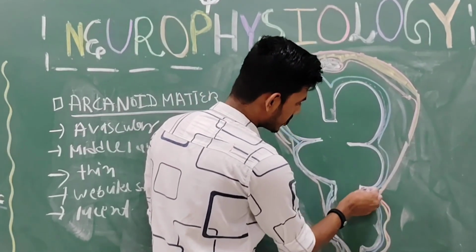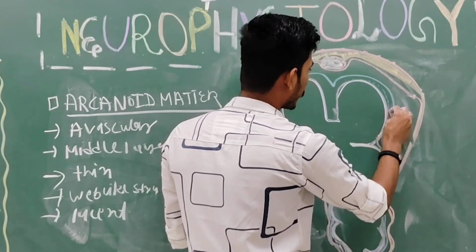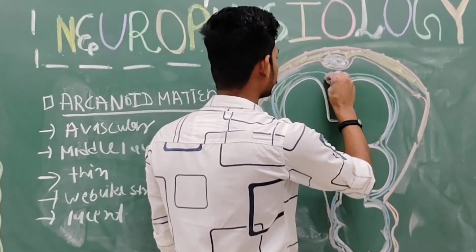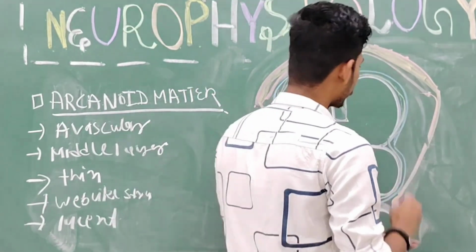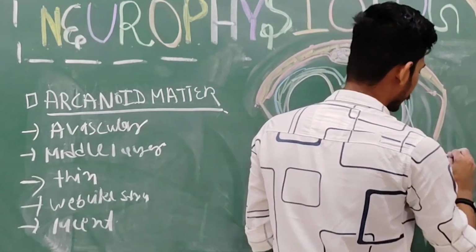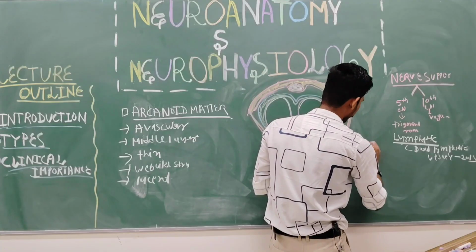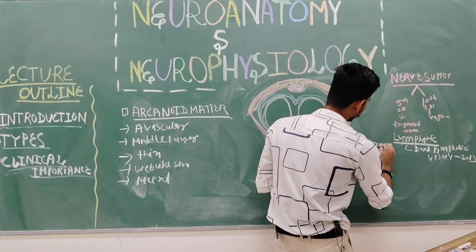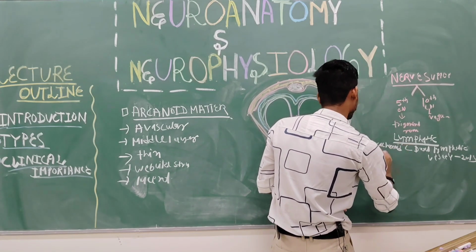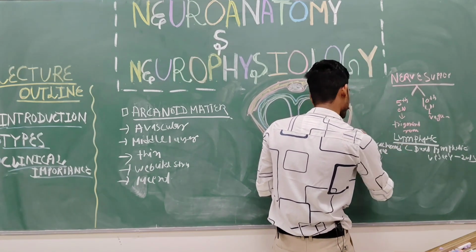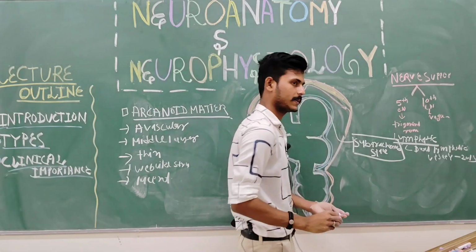I am talking about the space present between the arachnoid mater and the pia mater. This space is called the subarachnoid space. Write it down. This space is meant for a very special function.